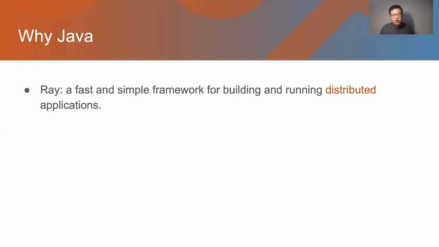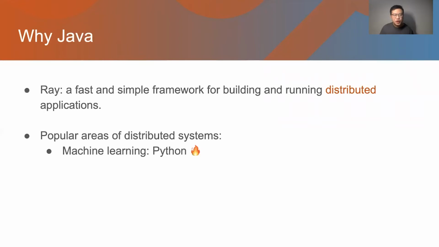As we know, the mission of Ray is to provide a fast and simple framework for people to develop distributed systems. Speaking of distributed systems, there are some popular areas. For example, in the machine learning area, Python is the most popular language, while in the big data area, Java is more common.